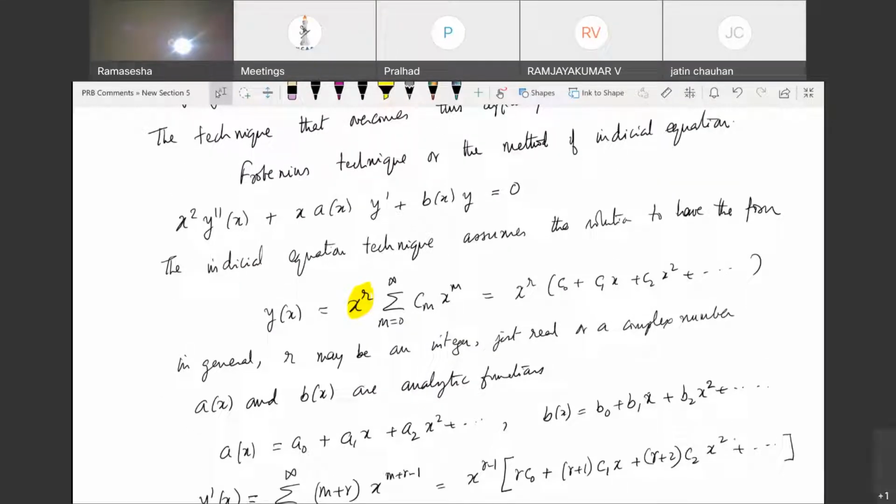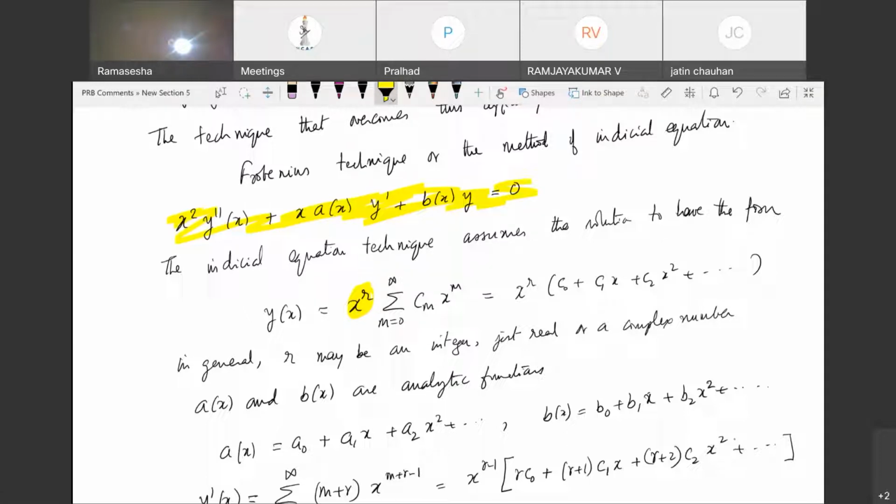And in the Frobenius technique, this is the equation again. Now I use a technique known as the indicial equation technique, which has its basis in complex analysis, and I use y(x) equal to x to the power r, sigma over m equal to 0 to infinity of c_m x to the m.